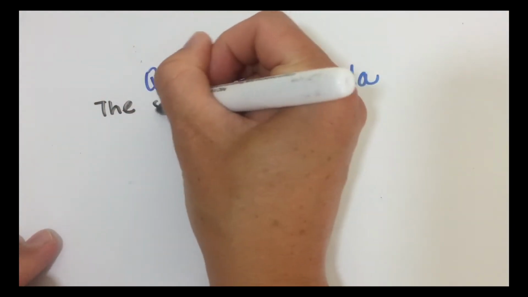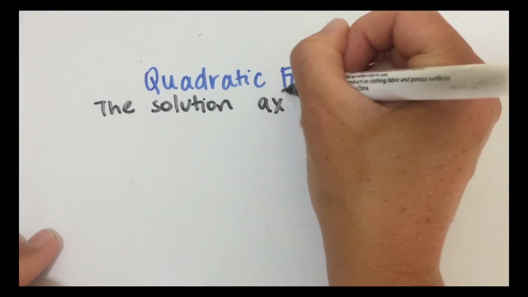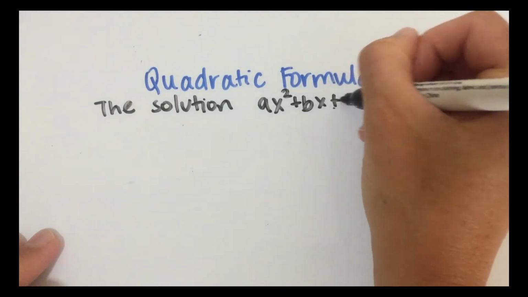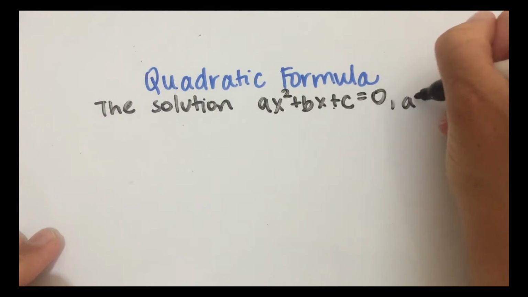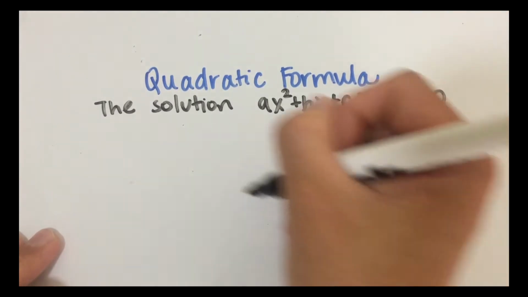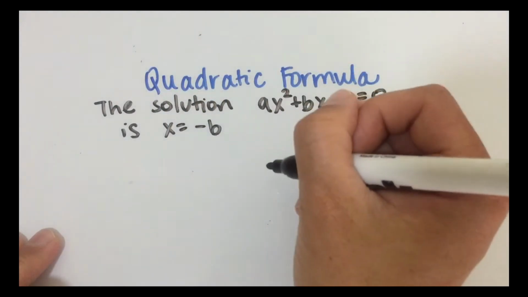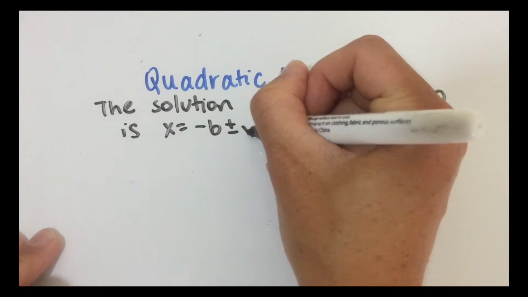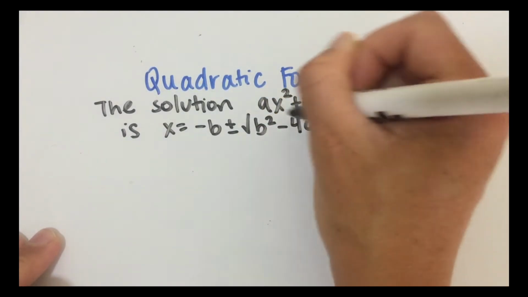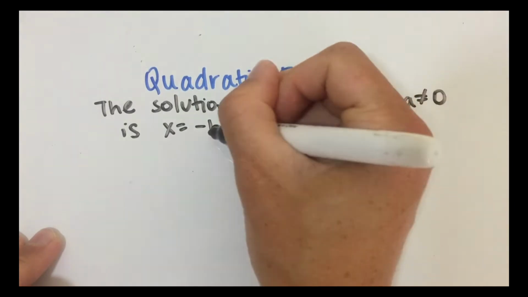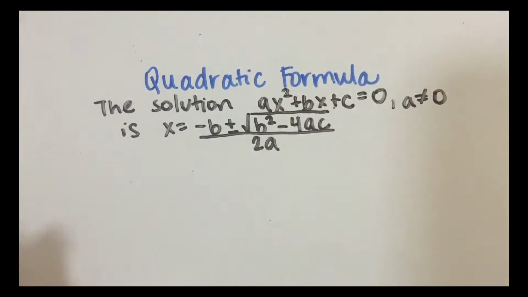The solution of the quadratic equation ax squared plus bx plus c equals 0, when a does not equal 0, is x equals negative b plus or minus the square root of b squared minus 4ac, divided by 2a.